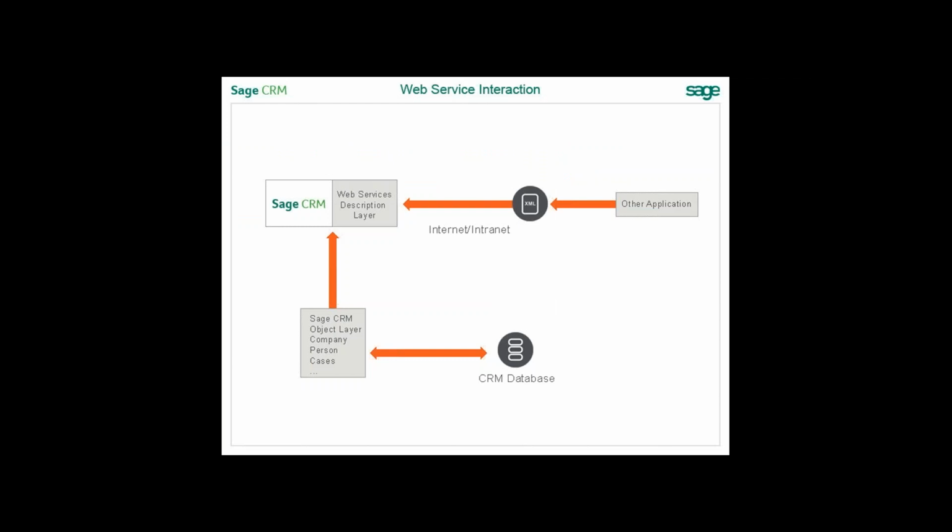Now, that endpoint is the endpoint for Sage CRM, and we pass a request in the form of a posted XML document. I say posted because you know that HTTP has a number of different methods. Getting and posting are probably the two most basic mechanisms that we know about.